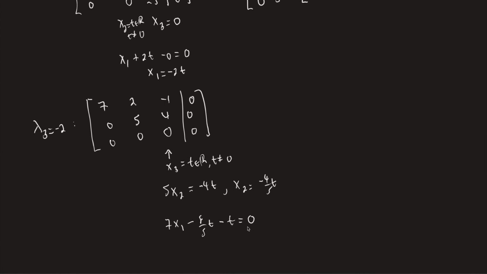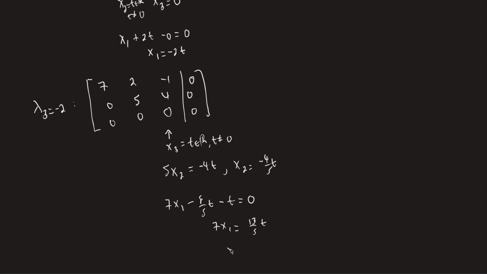And we just have to solve this. So this will give us a negative 13/5 t, move that over. So you'll have 7x1 is 13/5 t, and then divide both sides by 7. So x1 is 13 over 35t. All right, so then here's our third eigenvector.